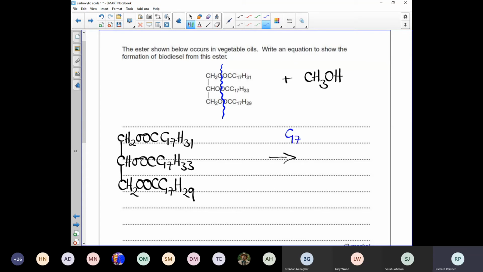So we did soap with this before. Now we're just making the methyl ester. So that's the first one. And then we've got it again with C17H33.